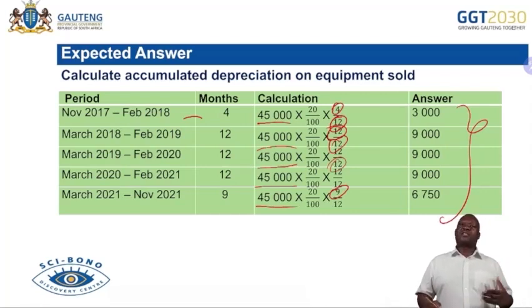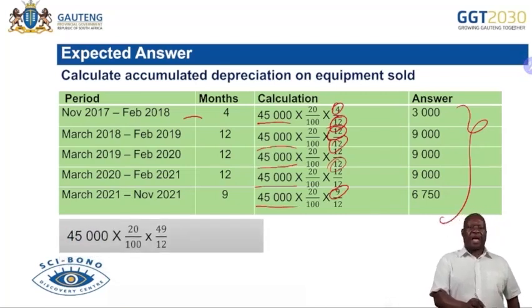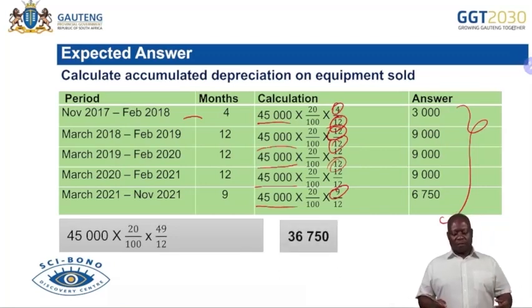So you could have just started from there, counted the number of months from the day it was bought until now, and said it's 49 months. Then the calculation would look like 45,000 times 20%, which is the rate, times 49/12. And please take note, the answer to both methods is going to be the same.